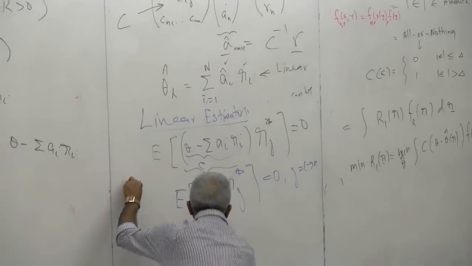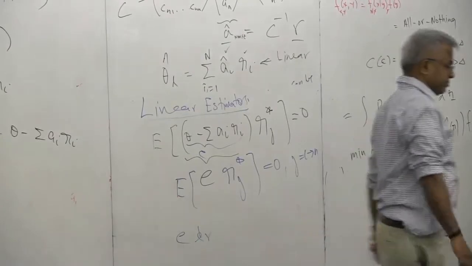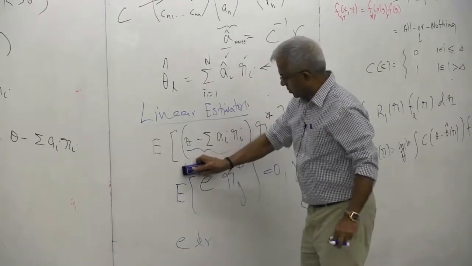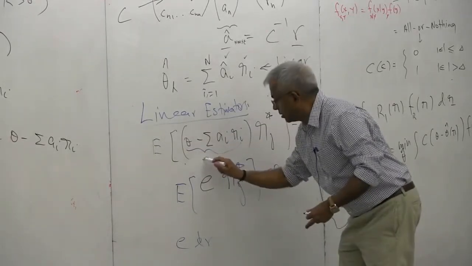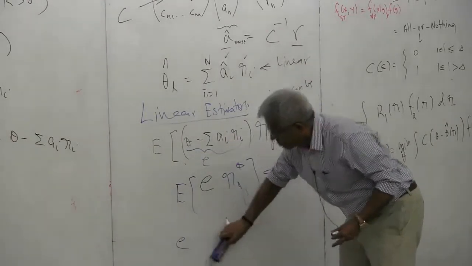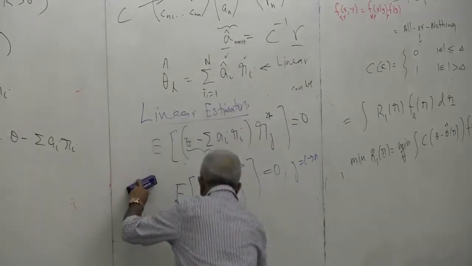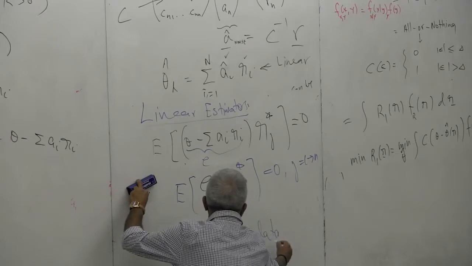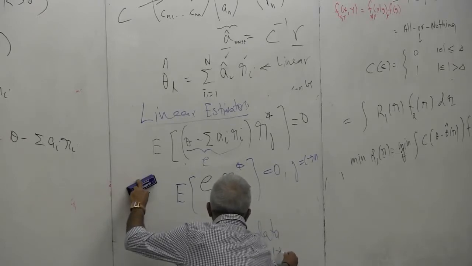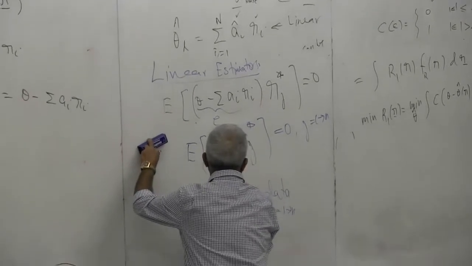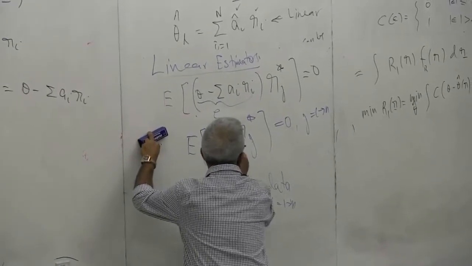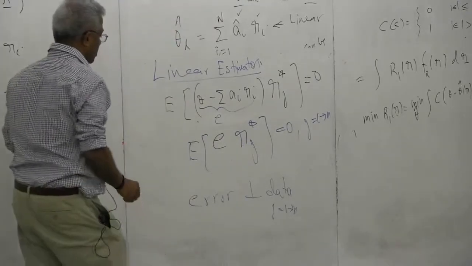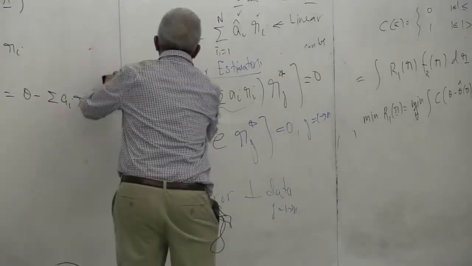So error, so this is your E. For all data sets, any data, E is orthogonal to R1, E is orthogonal to R2, etc. So this is the orthogonality principle, okay.